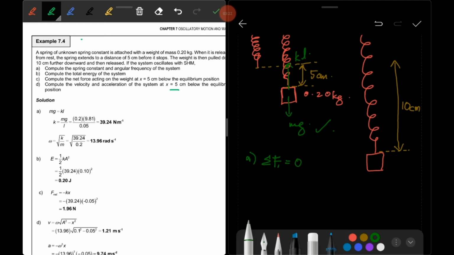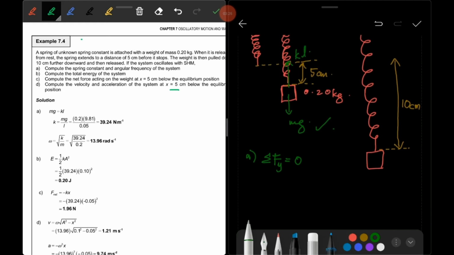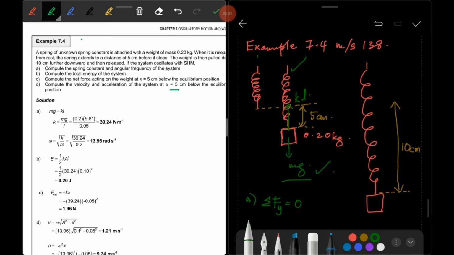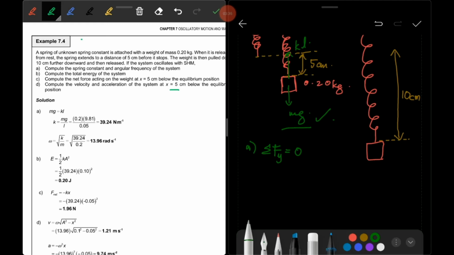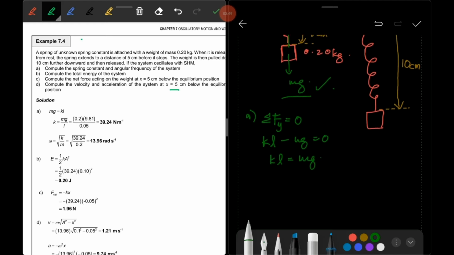Net force in the y direction; there is no x direction. Based on figure number 2, kl positive minus mg is equal to 0. So kl is equal to mg.